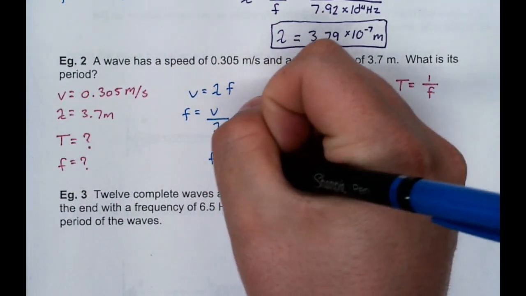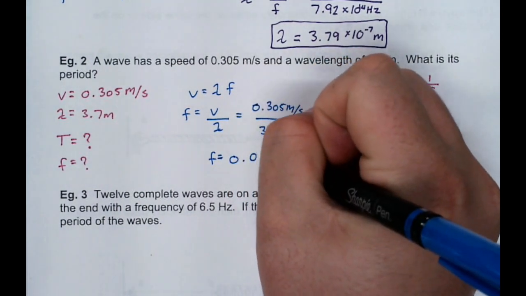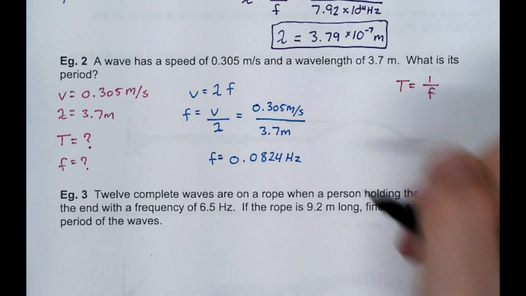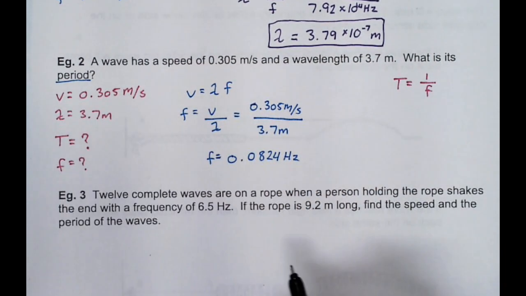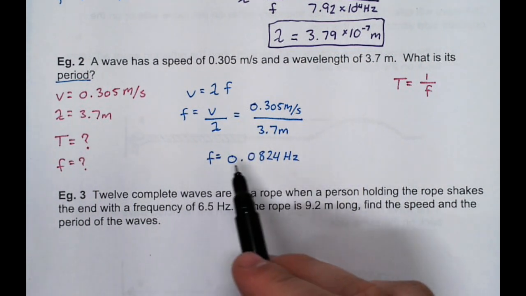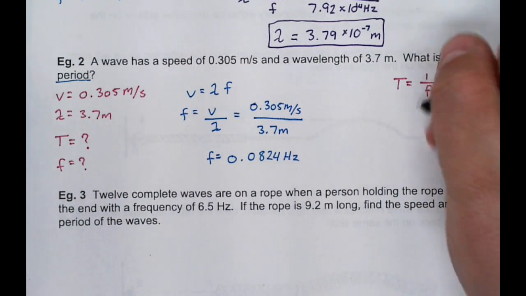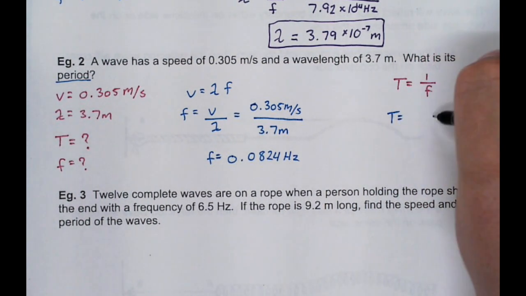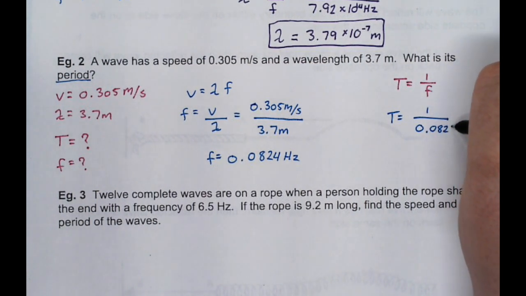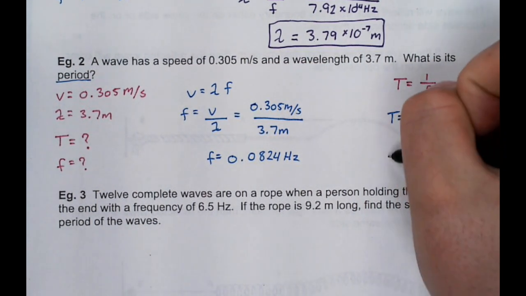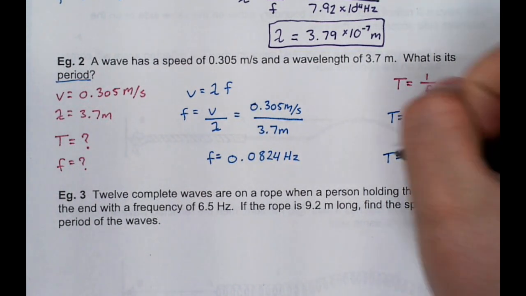That means our frequency is equal to 0.0824 hertz. Remember, this question wants us to solve for the period. So now that we know the frequency, we can plug this information in to solve for period. Period is equal to 1 over 0.0824 hertz. So your period is going to be equal to 12 seconds.